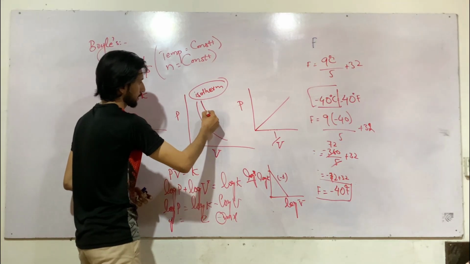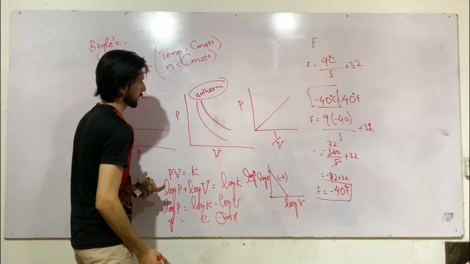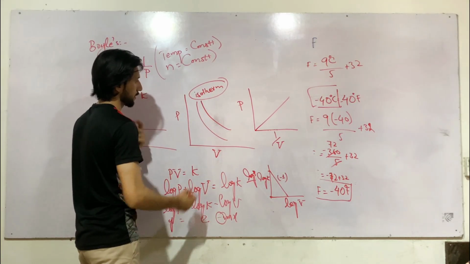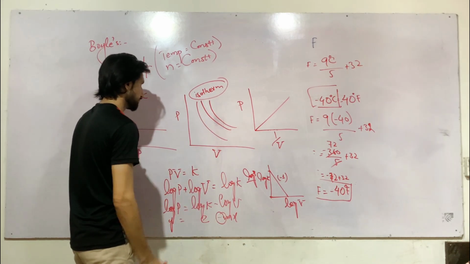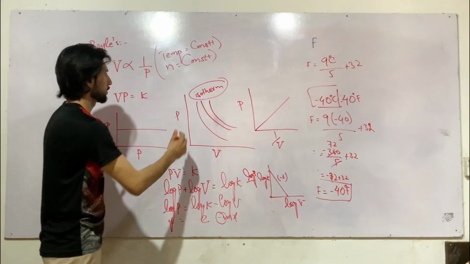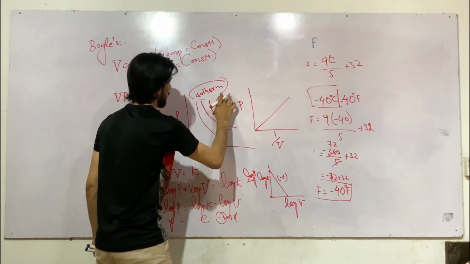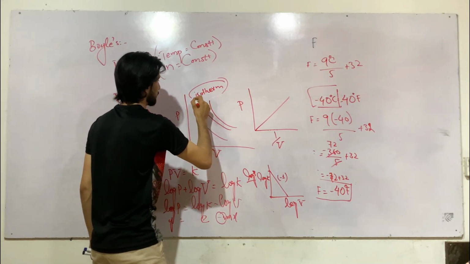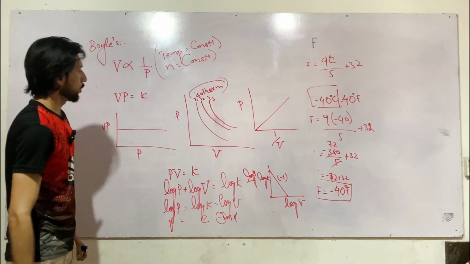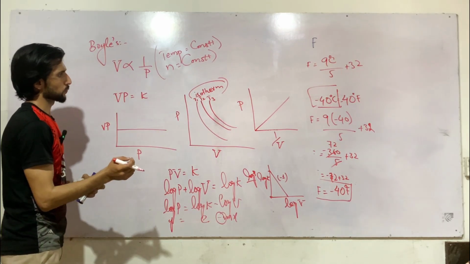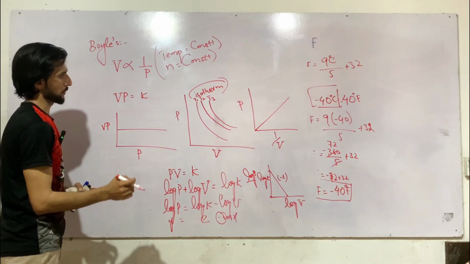Now again, if I take it at another temperature, I'll have another curve, and at another temperature, another curve. Okay. Now, suppose I call this T1, this one T2, and this one T3. What is the relationship between T1, T2, and T3?